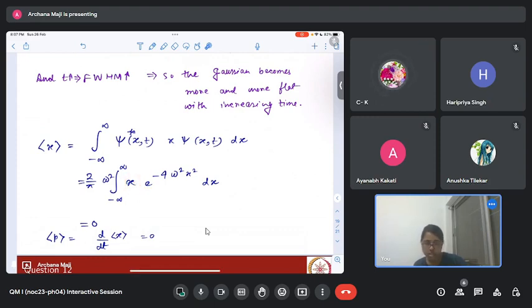So the expectation value of x is 0. And using the Ehrenfest theorem, you can say that the expectation value of p is also 0, because the expectation value of p is d expectation value of x over dt. Clear? If you are not convinced, you can go back and do this integration, it will be 0.